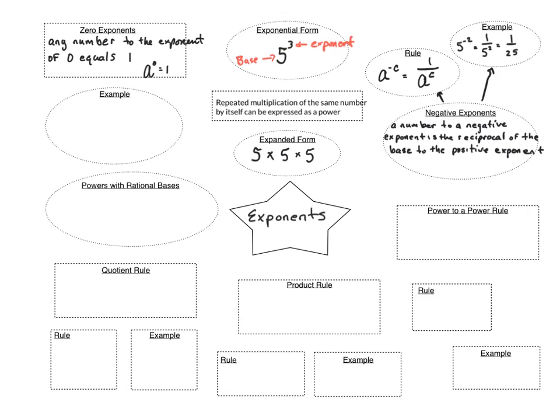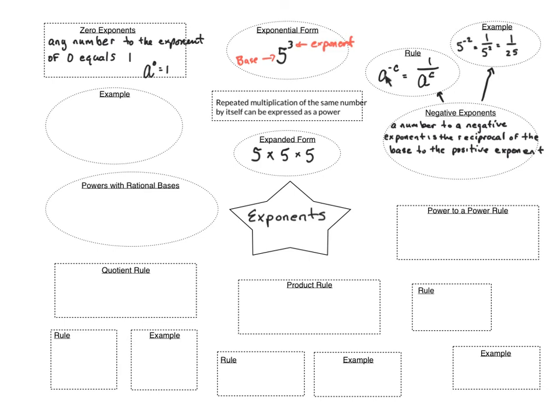Okay, so extending what we talked about at the beginning of this lesson, 0 exponents. Any number to the exponent of 0 is going to be equal to 1. So anything raised to the exponent of 0 is equal to 1. And then also, as we talk about our negative exponents, we know that a number to a negative exponent is the reciprocal of the base of the positive exponent.